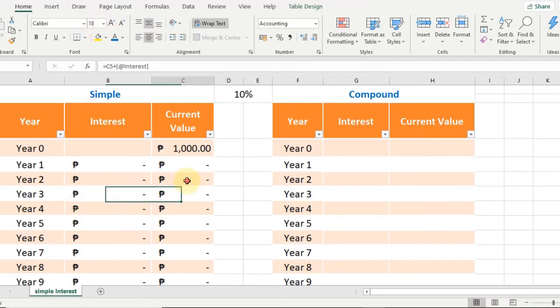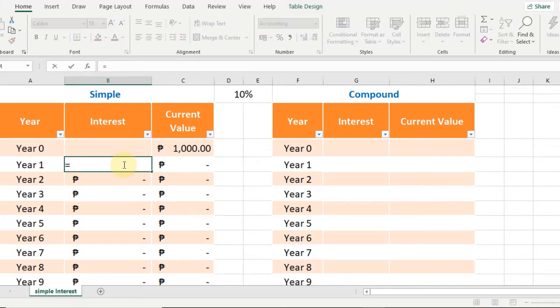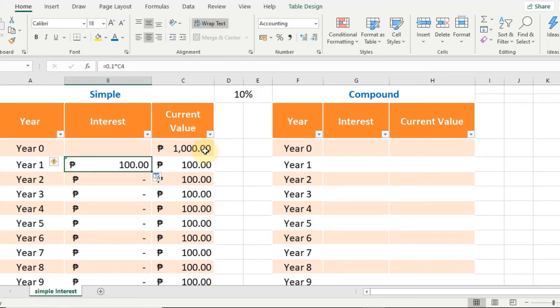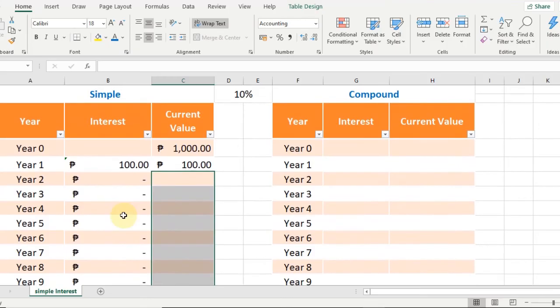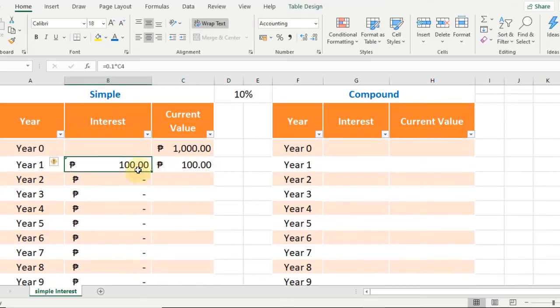All right. Now, what will be my interest income on the first year? This means that I will get 10% of 1,000, right? So that means I have 100 pesos.